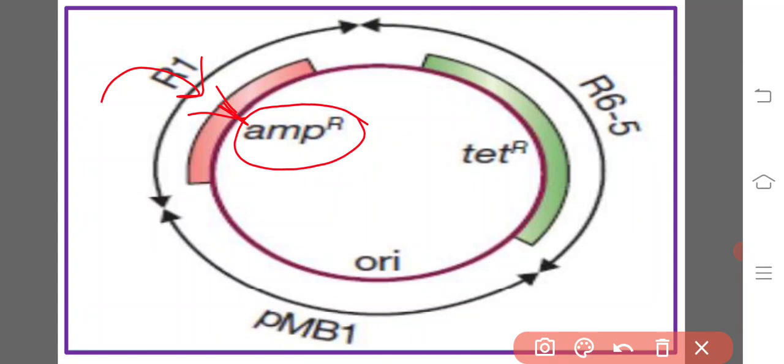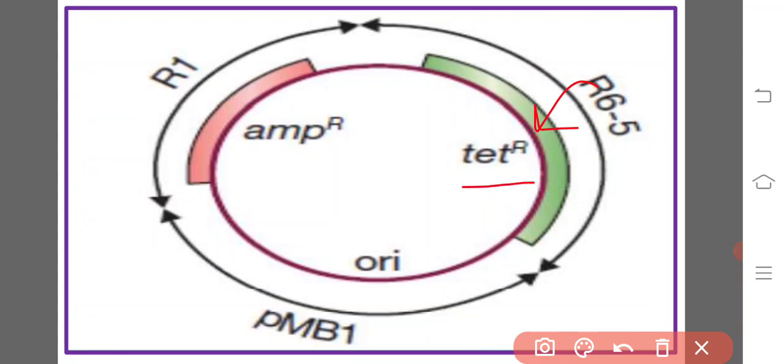Previously it showed resistance against ampicillin. If you grow the cells after the insertion of a new DNA fragment into the ampicillin gene, it never shows resistance against ampicillin, but it shows resistance against tetracycline. Otherwise, in other terms, if you insert the new gene into the tetracycline gene, it never shows resistance against tetracycline because the gene has been damaged, but it shows resistance against ampicillin.